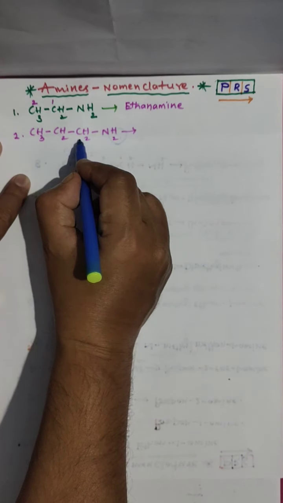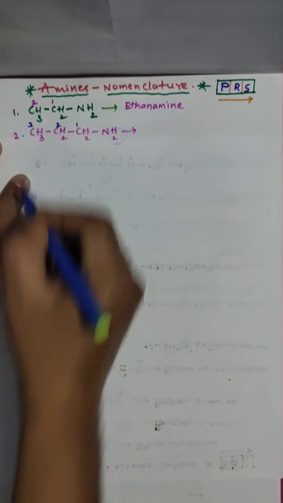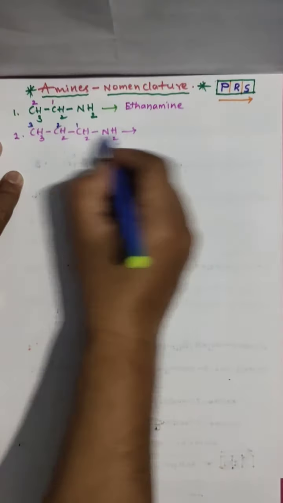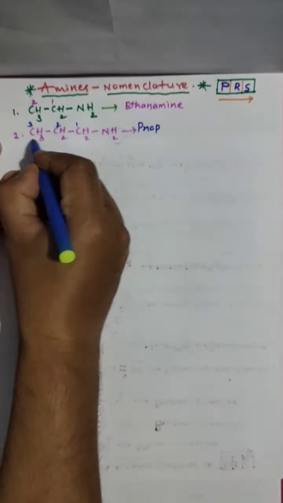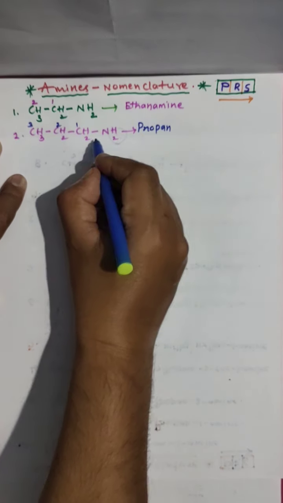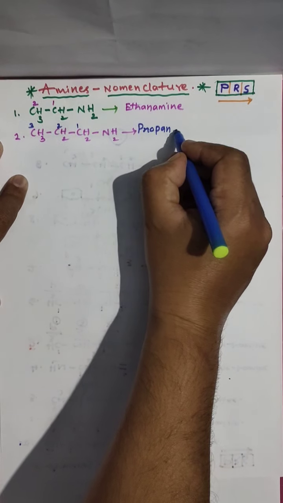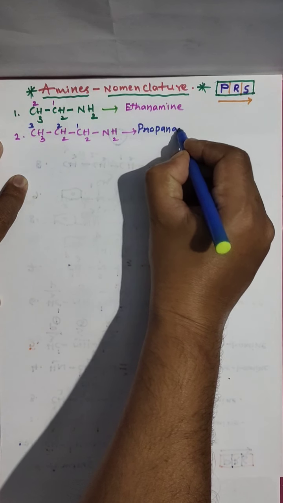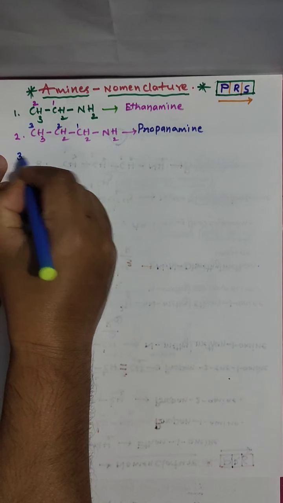Three carbons means prop. All single bonds, so propane, and we should not write the E. The first carbon is bonded with amine, and 1 no need to write, so propanamine. Next, go for another one.